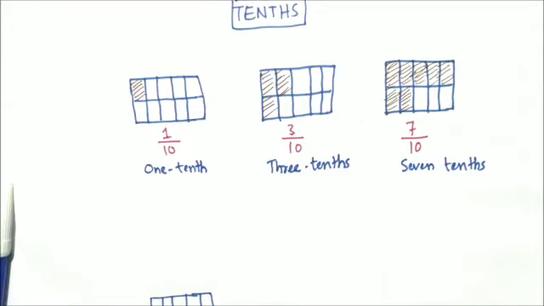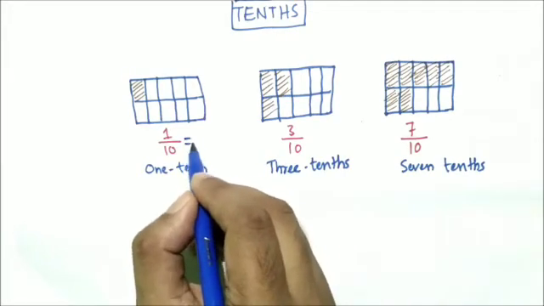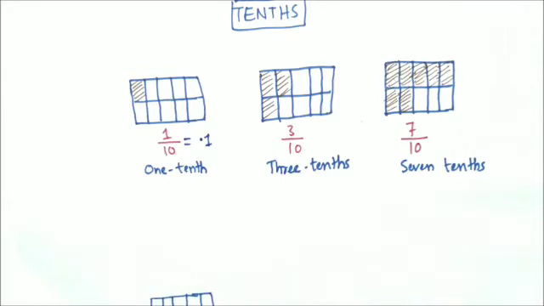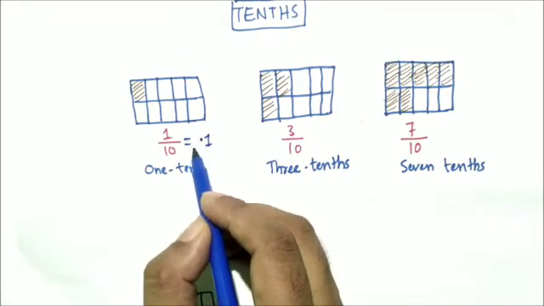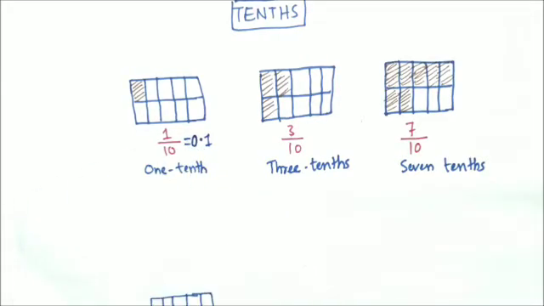Now this 1 by 10 can also be written as 1 with a point put here, 0.1, right? Now you see this place is empty, so we can write a 0 here, for decoration purposes only.